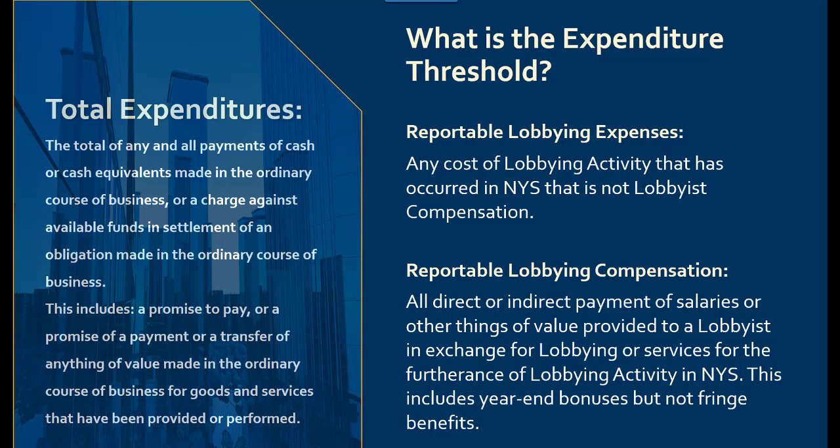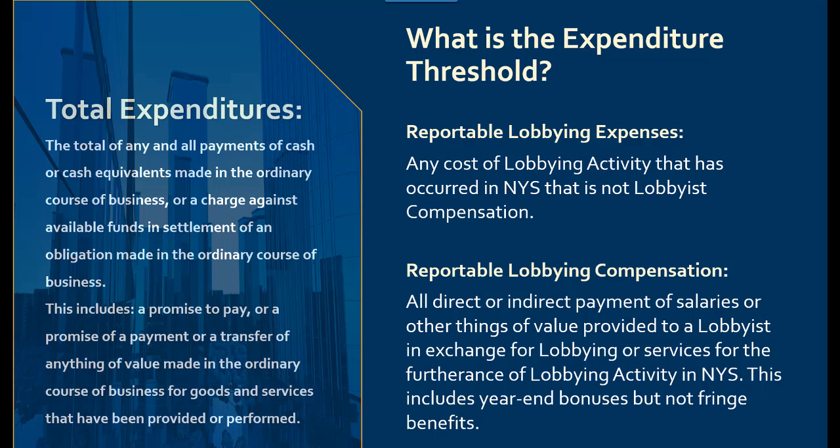Key terms to understand and focus on at this point include reportable lobbying compensation and expenses and total expenditures. Reportable lobbying expenses is any cost of lobbying activity that has occurred in New York State that is not lobbyist compensation.